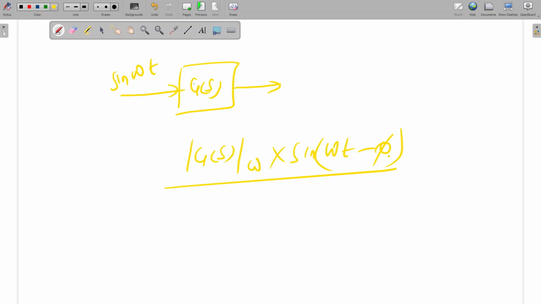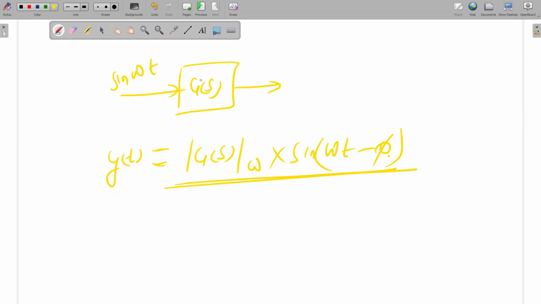Phi will be the angle of this one at the omega value. So this will be the output. So how will it become 0? Sir, the transfer function is output by input. So output will be equal to G(s) into input. The input is sine omega t, then minus phi, sir.